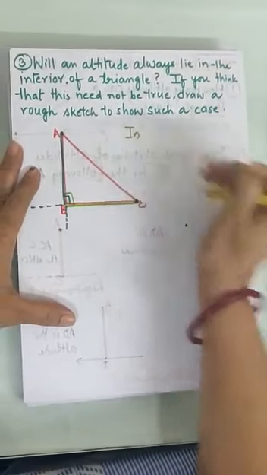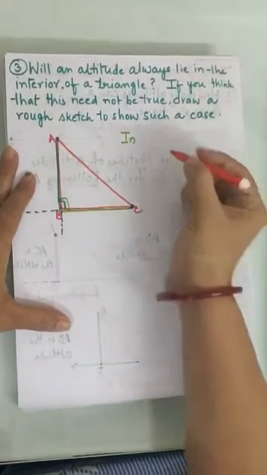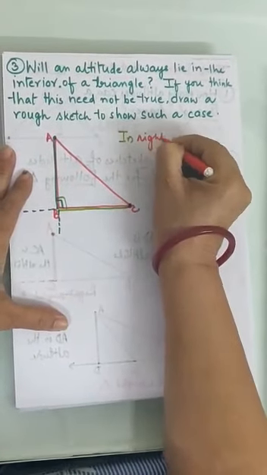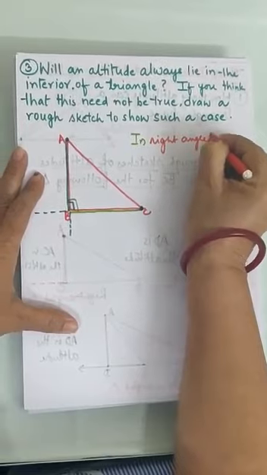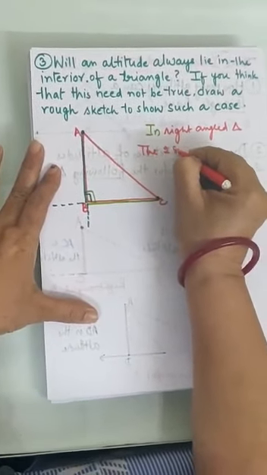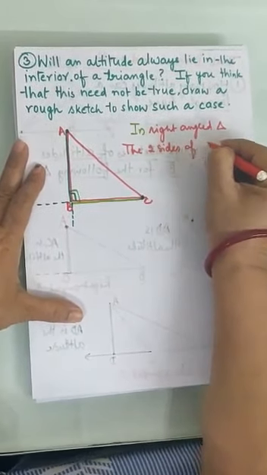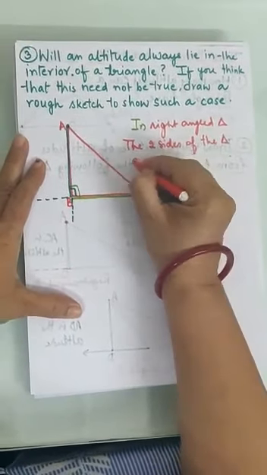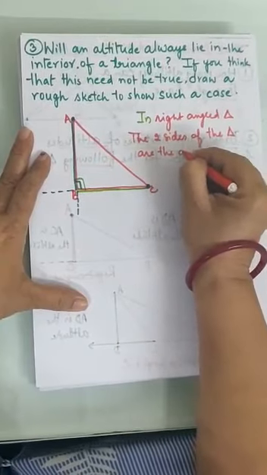So in right angled triangle, the two sides of the triangle are the altitudes.